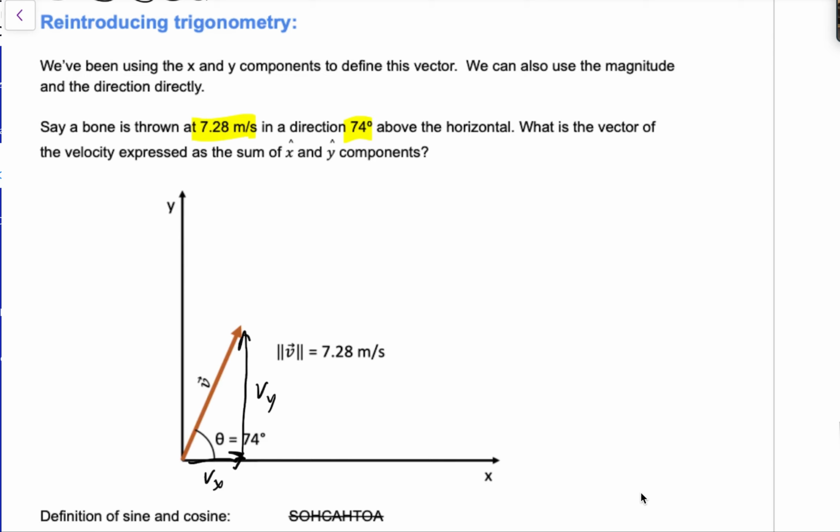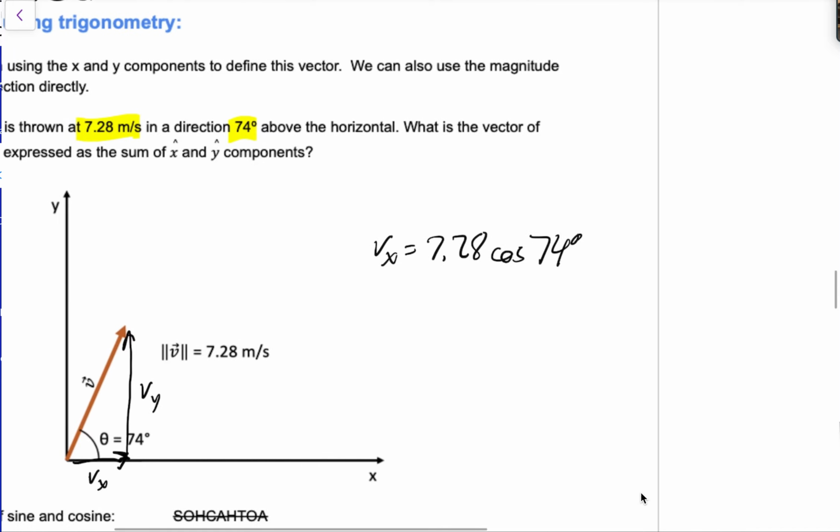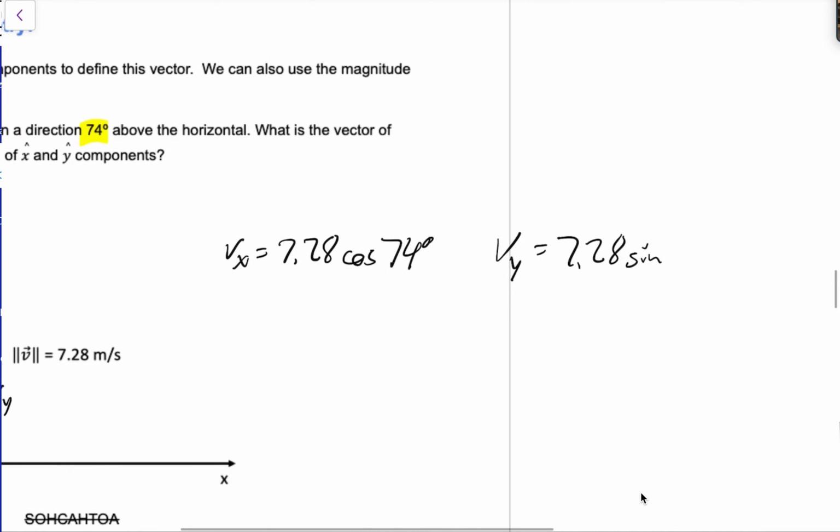We have that v sub x is equal to 7.28 times cosine of 74 degrees. v sub y is going to be 7.28 times the sine of 74 degrees.